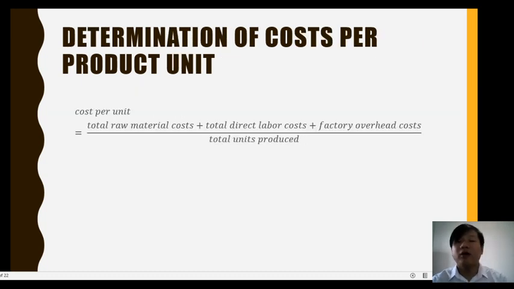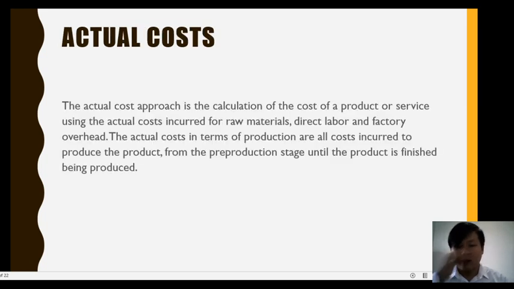Determination of cost per product unit. Cost per unit equals total raw material cost plus total direct labor cost plus factory overhead cost, and then the answer is divided by total units produced. Actual cost.